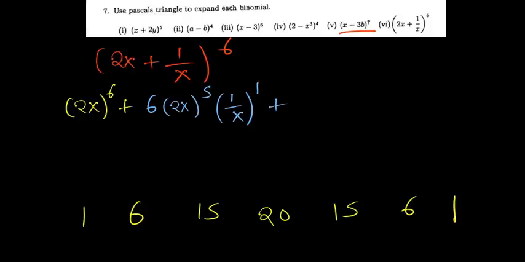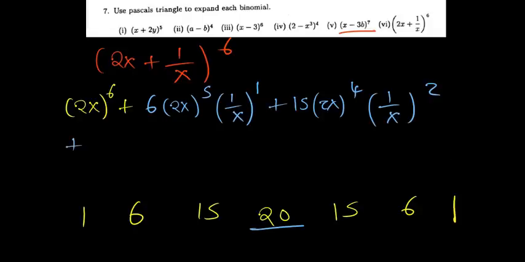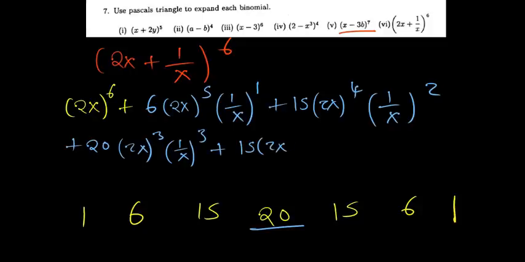So we now have 15. 2x will now be the power 4. 1 over x will now be the power 2, plus the next coefficient is a 20. 2x to the power 3. 1 over x to the power 3. 15. The power 2x will now be the power 2. 1 over x will now be the power 4.